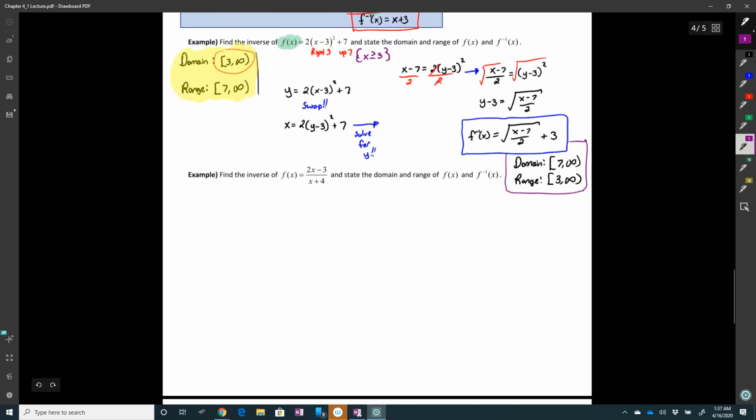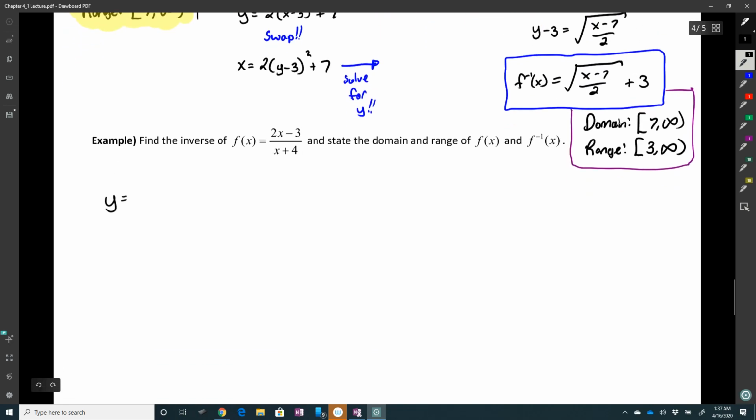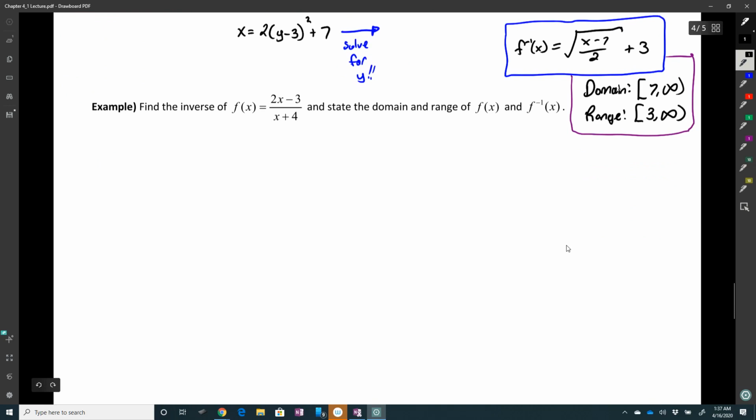Let's go ahead and do the next one. So now I have y is equal to... well, first let's start off with something. Notice that they also want the domain and range. So if I look at this equation, we've already had enough exposure with these where I can kind of tell what the domain is right away.